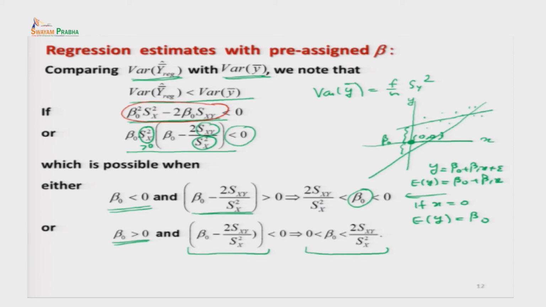Similarly, we also say that the income of a person depends on the level of education. Definitely if the person is more qualified, we expect that the income or the salary is going to be higher. But does it mean that if the person has no qualification, is completely illiterate, the salary is going to be 0?